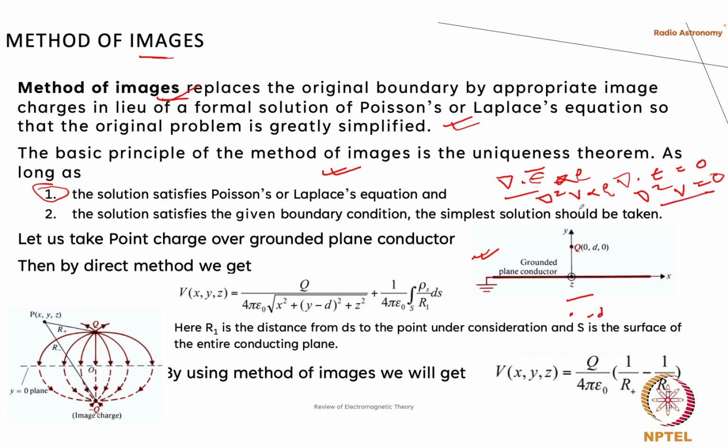So this is Laplace and this is Poisson. The second thing, it should satisfy the given boundary condition and the simplest solution should be taken.